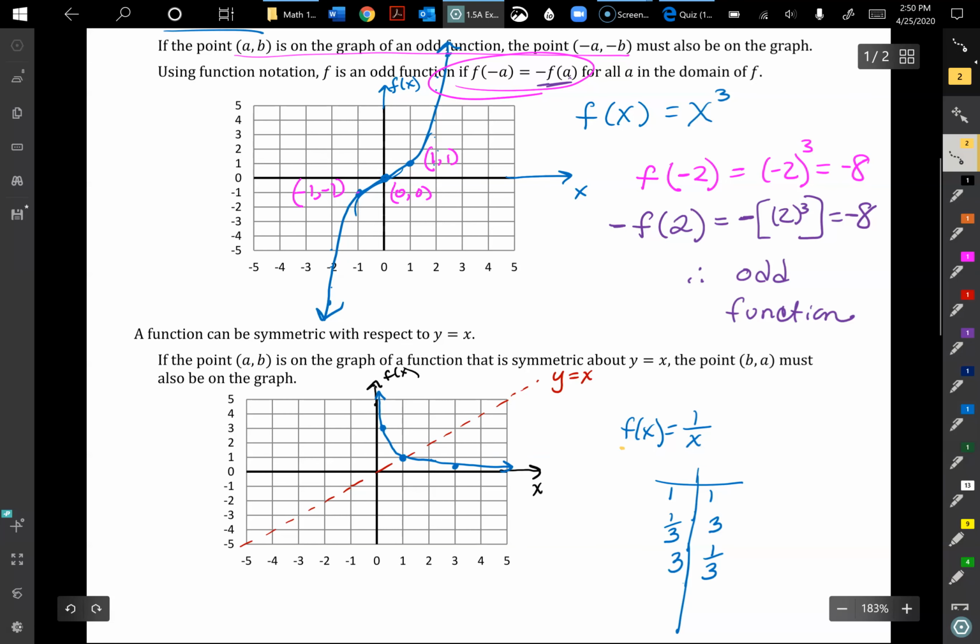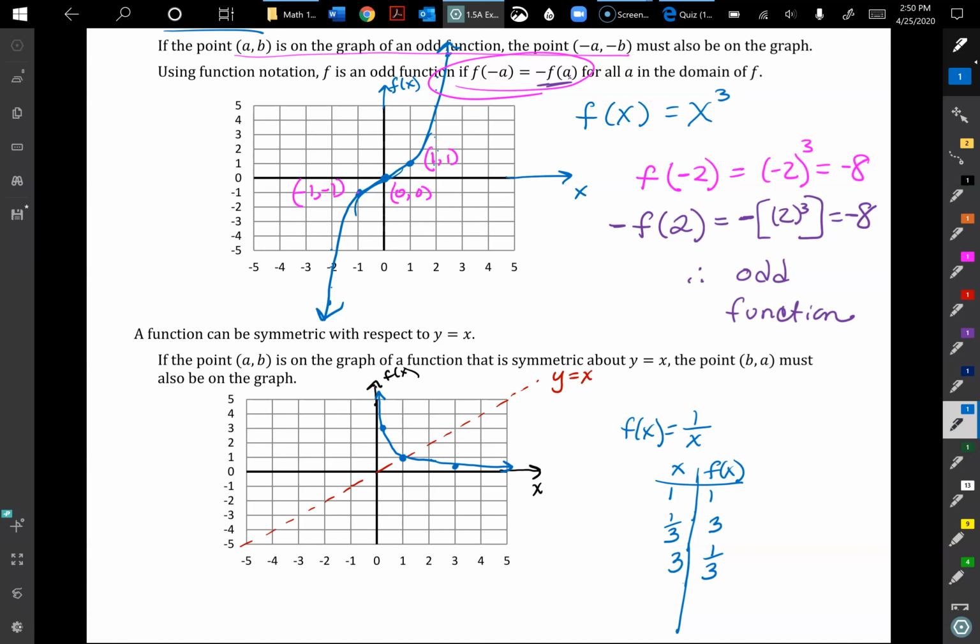Okay, so for this one, I'm using f of x equals 1 over x. I did put the table here just because sometimes that's a little trickier for people to figure out on this one. Not used to it as much, but this is just our basic rational, and you can see where it will reflect.